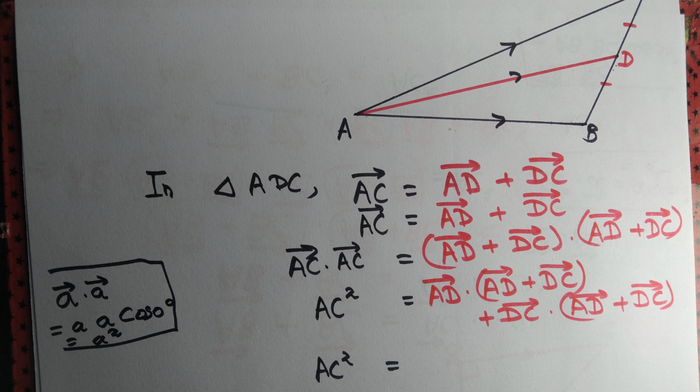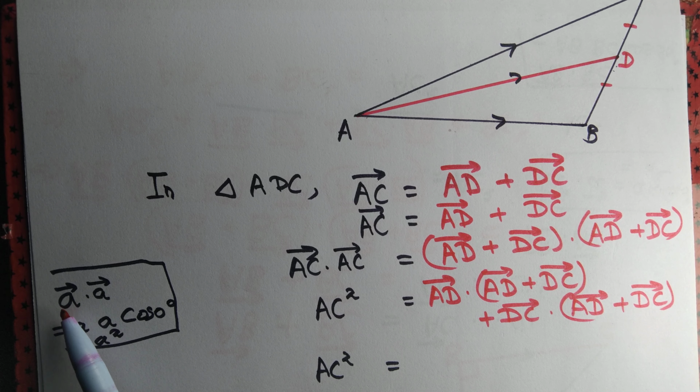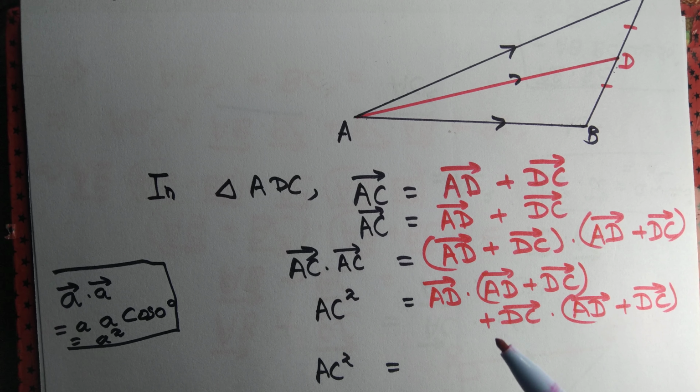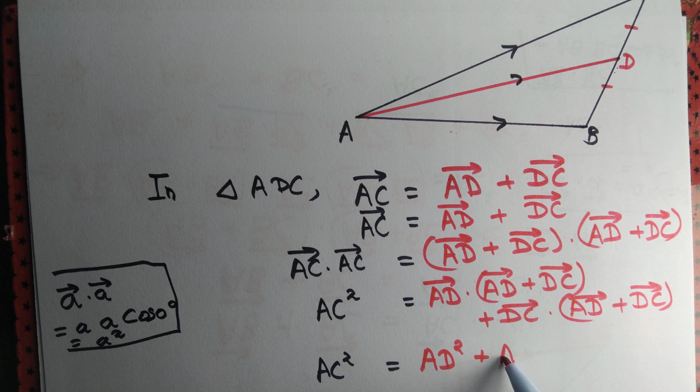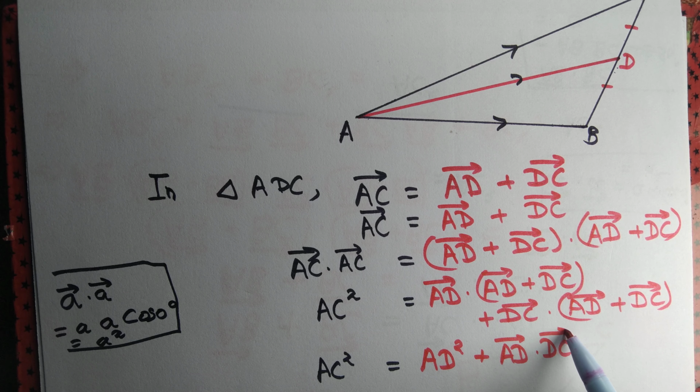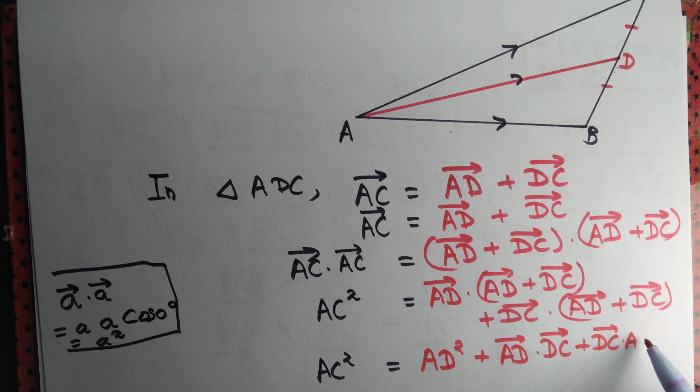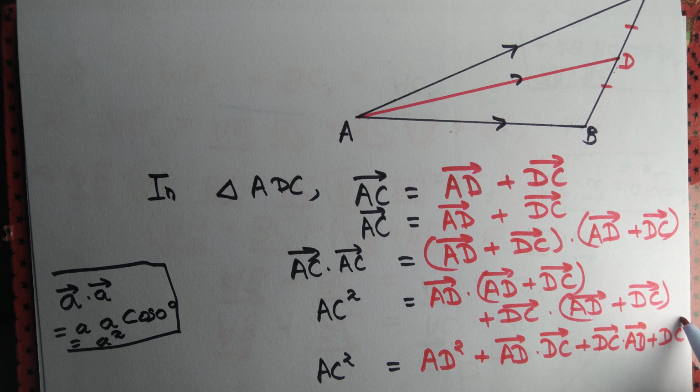AD dot AD. Using this identity A dot A is equal to A square, we have AD dot AD equal to AD square. AD dot DC, let us copy as it is. DC dot AD also let's copy as it is. DC dot DC is DC square.